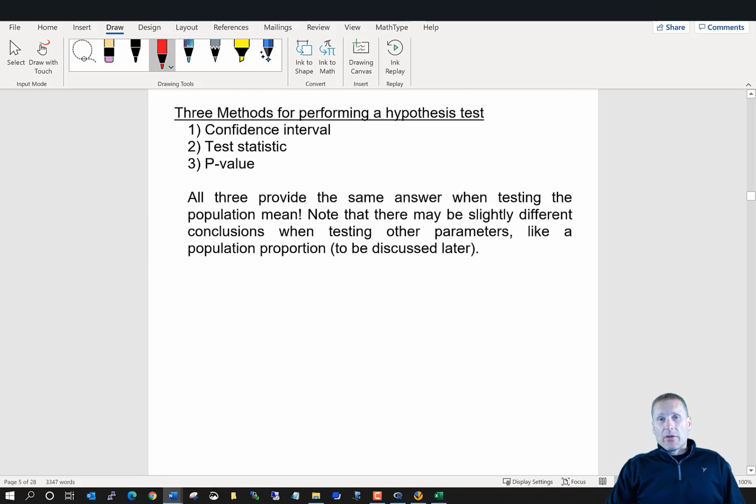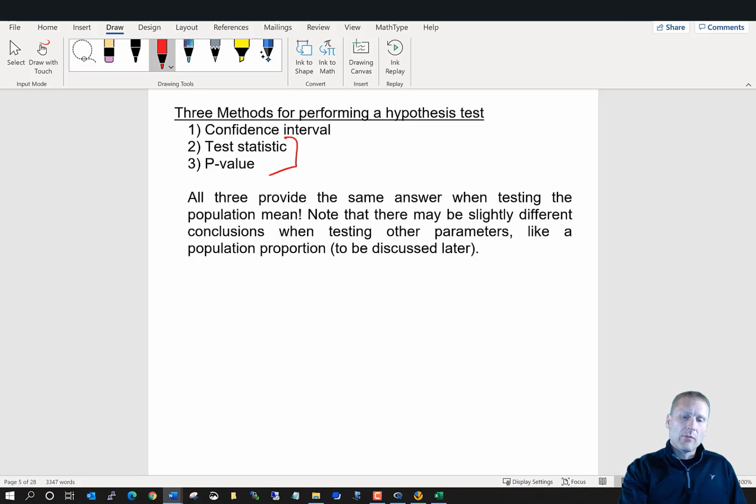Next, for the rest of the notes here, we're going to outline 3 different methods to perform a hypothesis test. 1, using a confidence interval, basically using what we just got done doing. 2, using what's called a test statistic. Here you will see why we refer to these as two-tailed tests or two-sided tests. And then also a p-value, which just gives a different way of looking at a test statistic method.